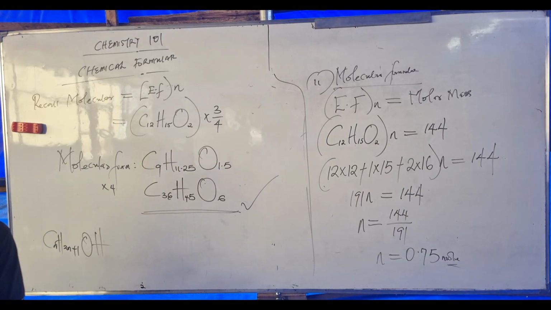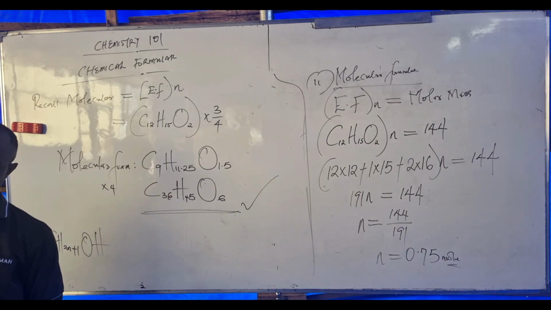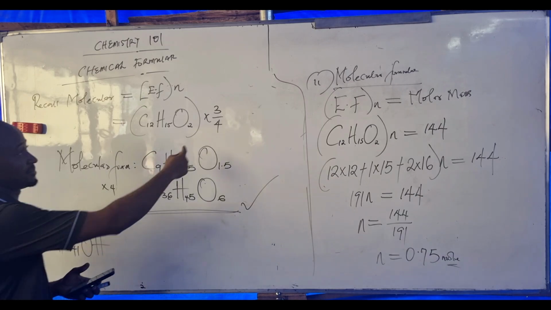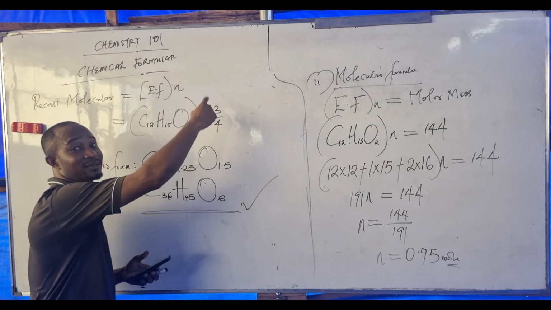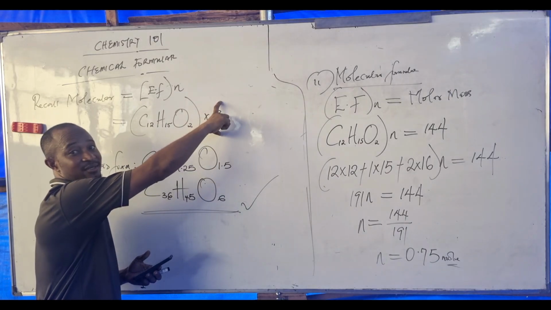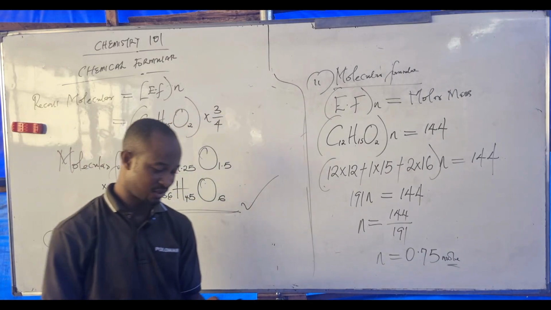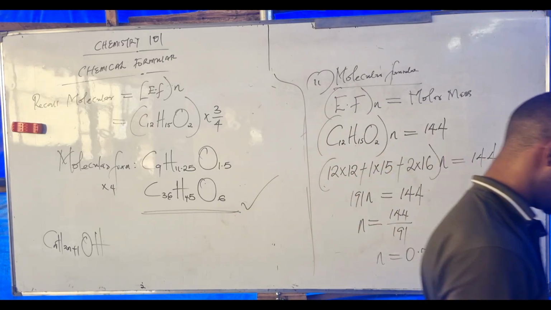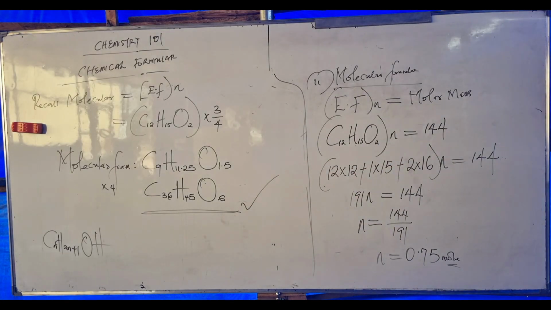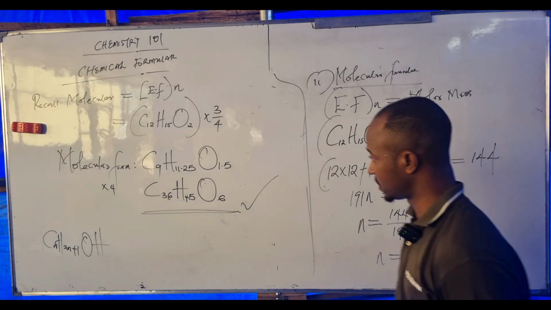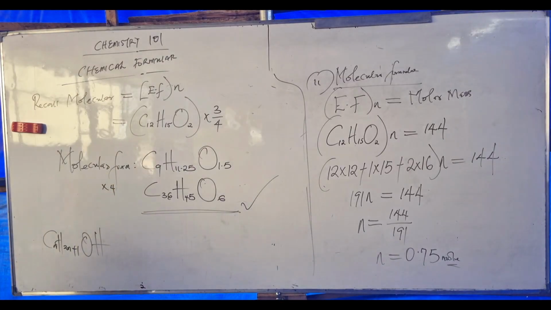You see, in a chemistry problem of this type, the molecular weight must be an integer multiple, with n equal to 1, 2, or 3. But here we're having a fraction. So there's a mistake from the question. So that is just it. So this is not correct. You can just stop at the empirical formula.